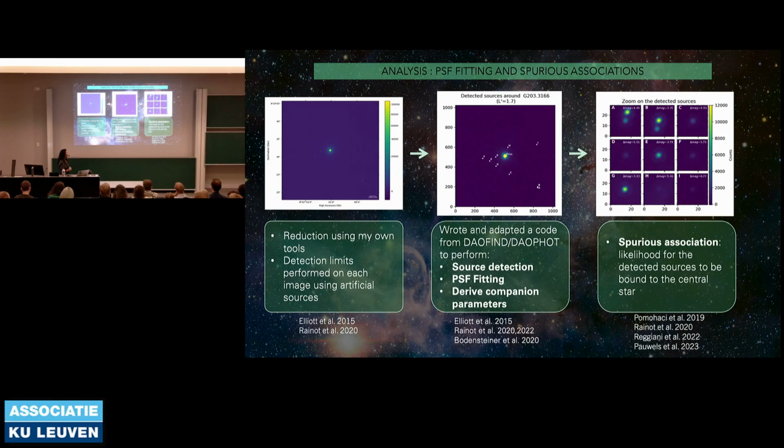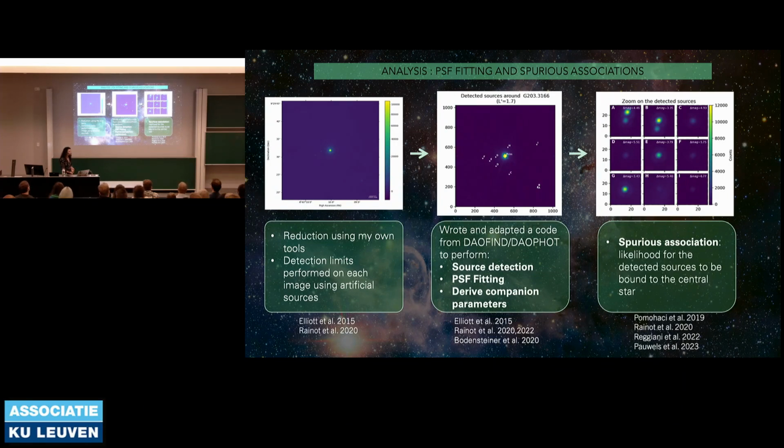But here you have companions at 20,000 AU, so we would need to wait decades before we can see maybe half a milliarcsecond change in position, which is not doable now, or only in 20 years or so. So for now, we rely on statistical means, and we compute what we call the spurious associations, which is the likelihood for the detected sources to be bound to the central star.